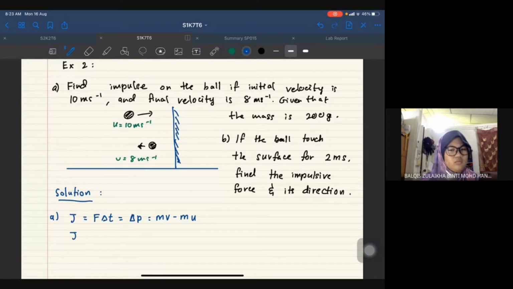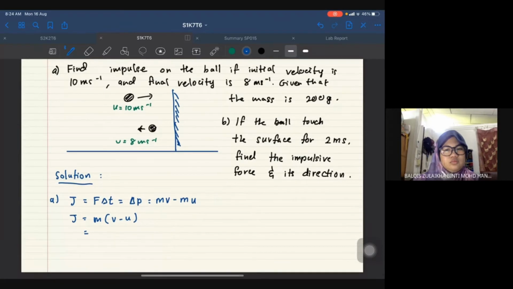So J is equals to mass. Maybe I can factorize v minus u tu. So 200 gram saya nak tulis kat sini apa? 0.2. Okay, good. 0.2. Kenapa 0.2? Because this is your SI unit. So you have to change mass to SI unit.